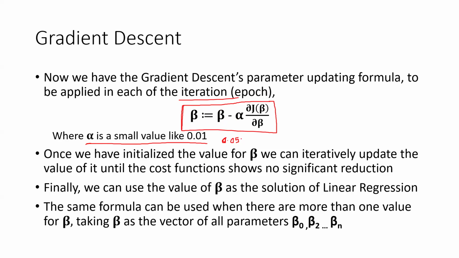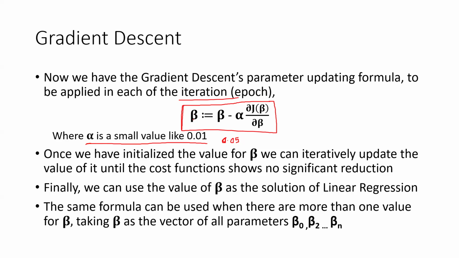So how long should we apply this iteration? Once we initialize the values for beta, we can iteratively update them until the cost function shows no significant reduction. For each beta value, we can calculate the J beta value and find whether the cost is reduced.